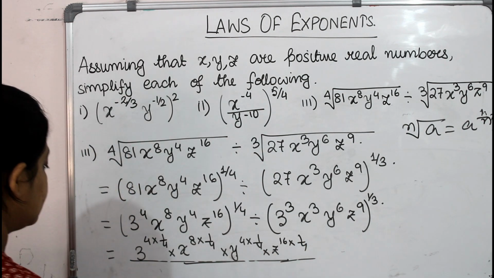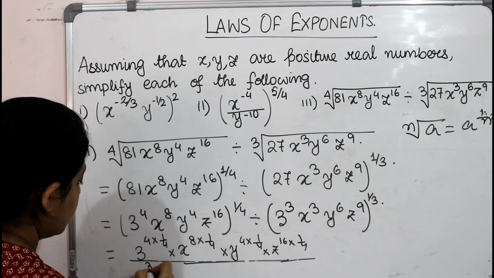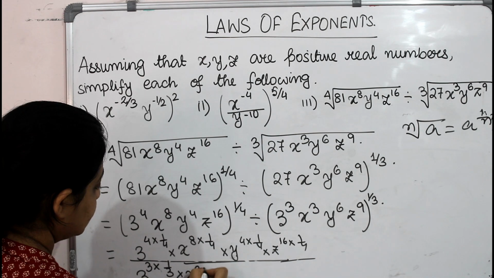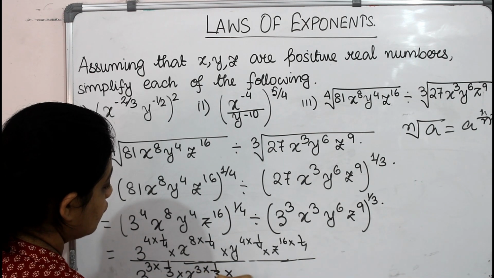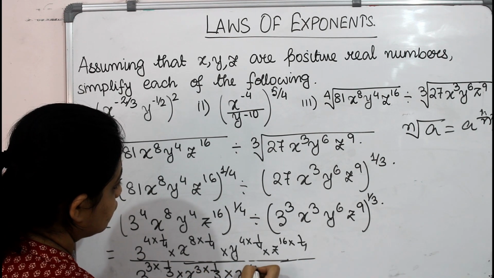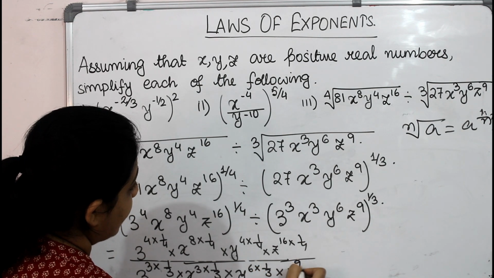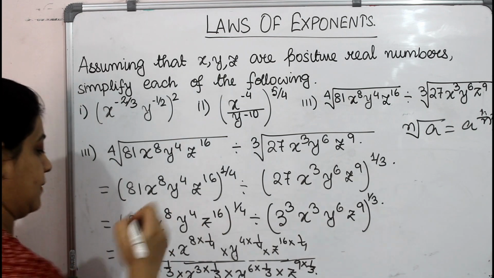And this can be written as 3 cube into 1 by 3, into x cube into 1 by 3, into y to the power of 6 into 1 by 3, into z to the power of 9 into 1 by 3.